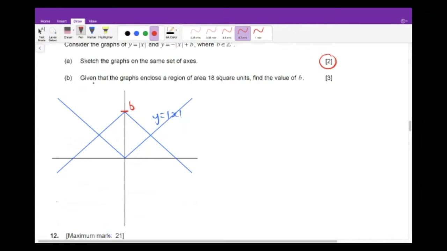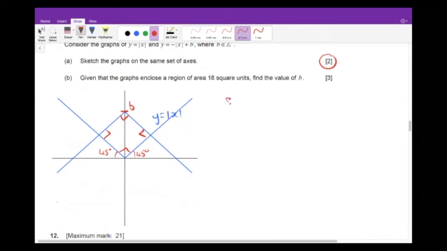So part B of this, given that the area in between it is 18 units, find the value of b. Well, if this is 45 degrees, and this is 45 degrees, this must be 90 degrees, which makes all of these other angles 90 degrees as well.